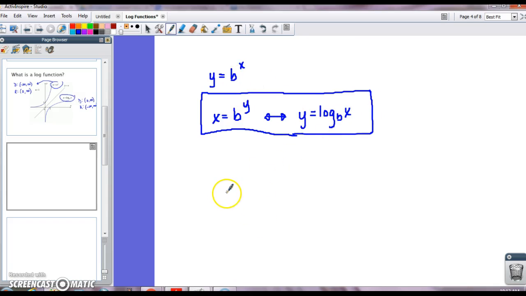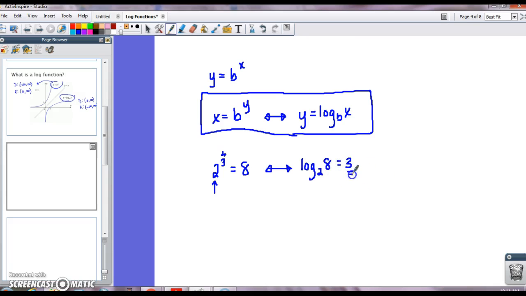Let me give you an example. If I have 2 to the third is equal to 8, if I wanted to write that as a log function, 2 is my base, 3 is my exponent, and 8 is what I end up with. So if I write that out, I say log base 2 of 8 is 3.